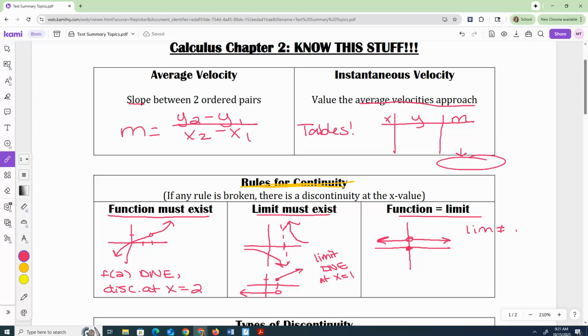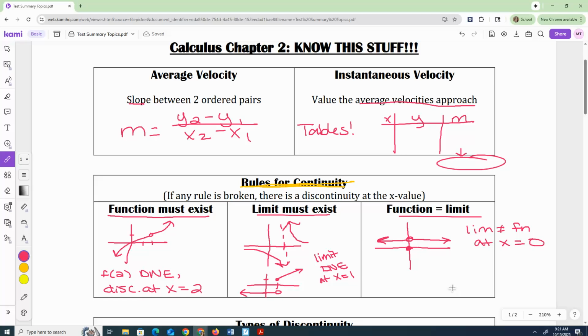So the limit does not equal the function at x equals 0. Alright, so if I ask you which rule is broken, it's one of those three. Does the function exist? Does the limit exist? Are those things equal? And you should be able to identify that. Usually if I was asking you to tell which rule was broken, I was giving you a graph to look at.